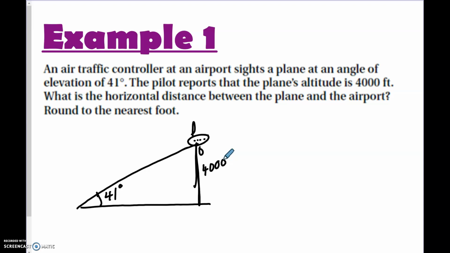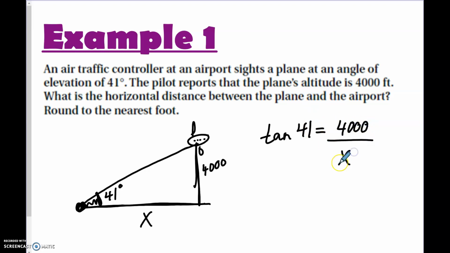The air traffic controller is at the airport, and he has an angle of elevation when his eyes look straight out and then up, so the angle of elevation here is 41, and they want to find the distance between the plane and the airport, so x. From 41 degrees, we have opposite and adjacent. So this is going to be the tangent of 41 equals opposite over adjacent.